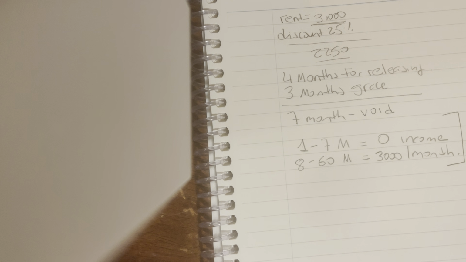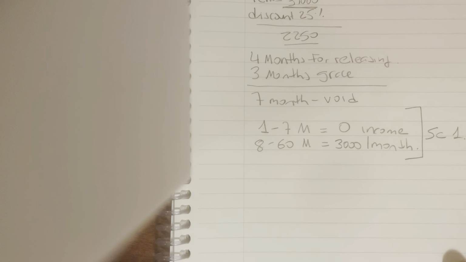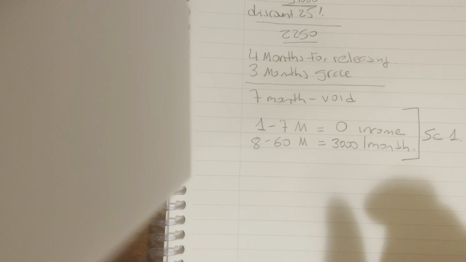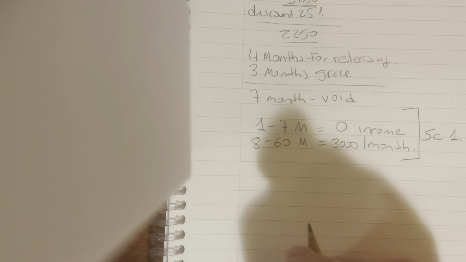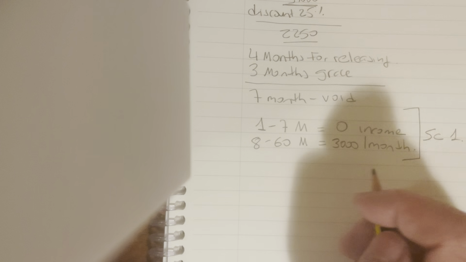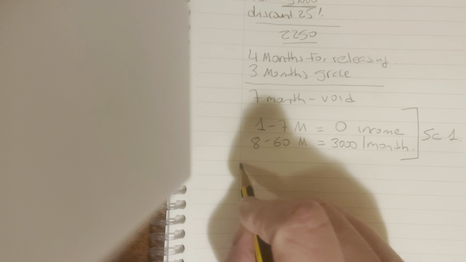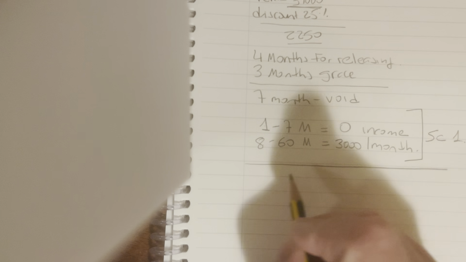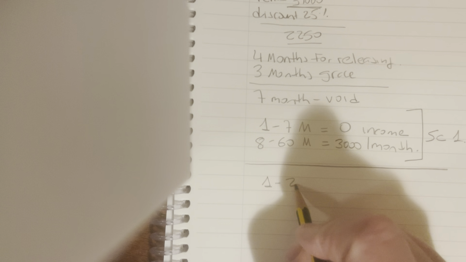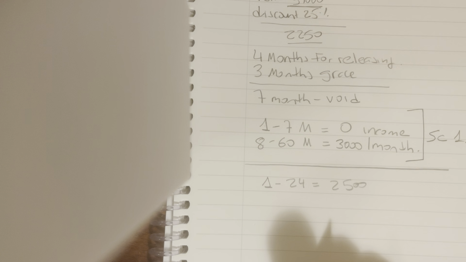Scenario 2 is if we grant this tenant a rent discount whereby for 24 months his rent is $2,500. So this is scenario 1. Month 1 to 24, the rent is $2,500.